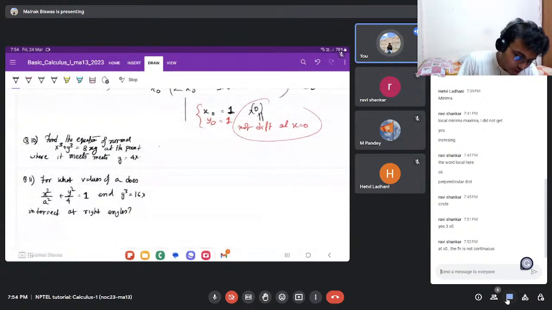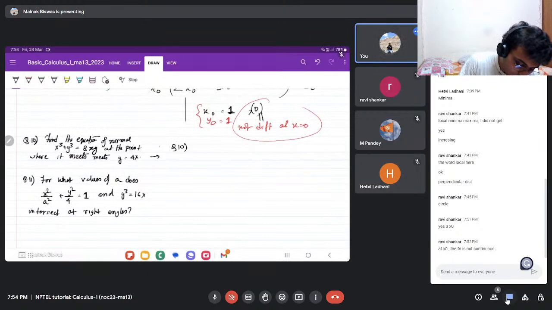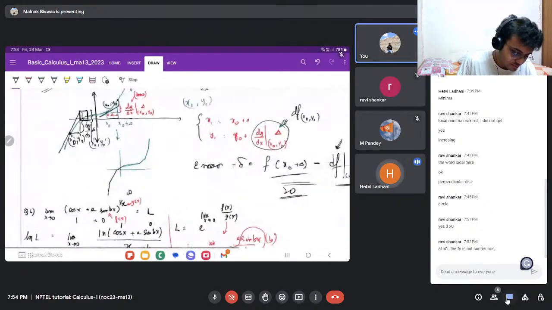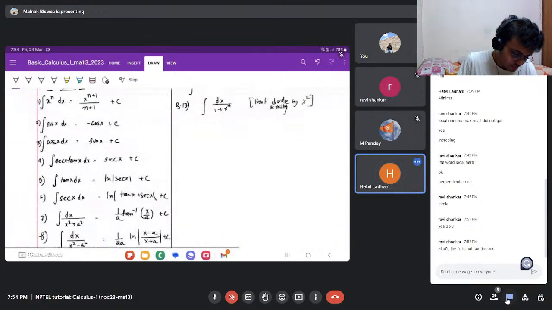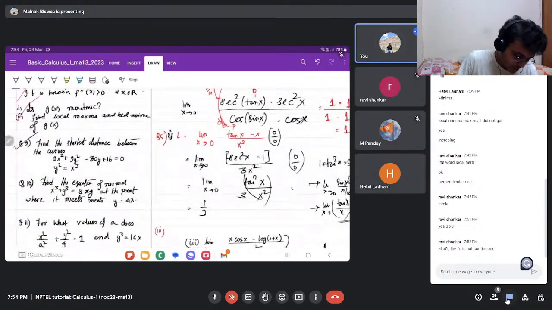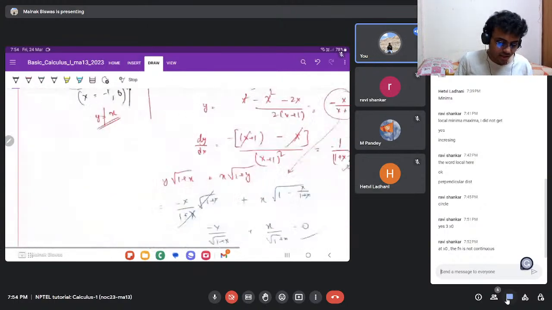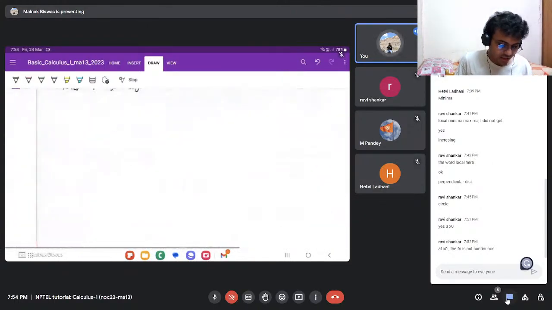So number 10, let's do. It's a short question. So what do I do for number 10? First, we will find the intersection point. So we'll find the intersection between this curve and this curve. Then for the normal you'll just find the dy dx.